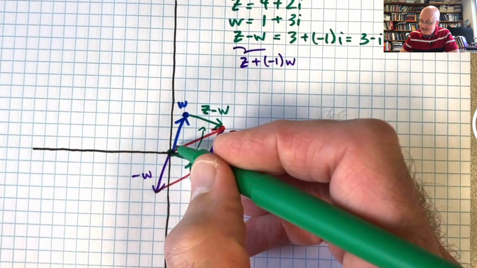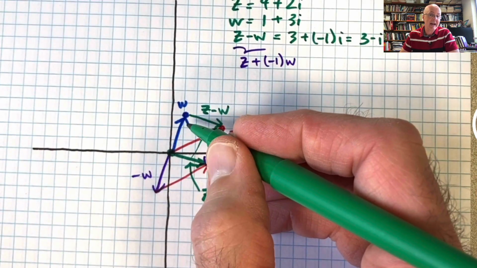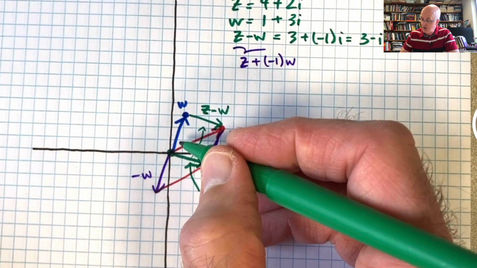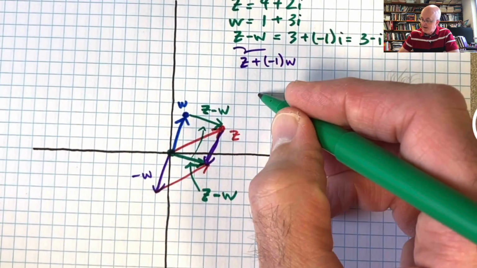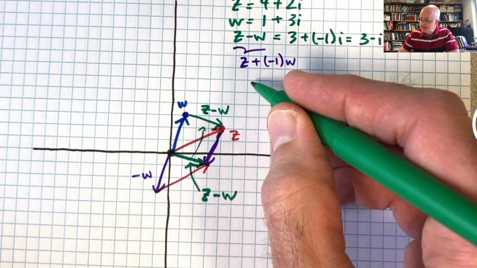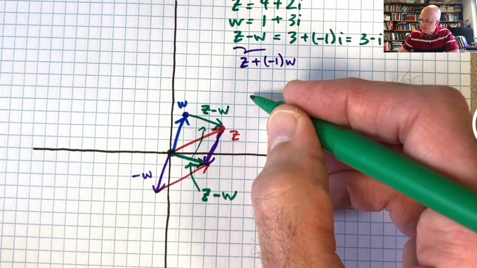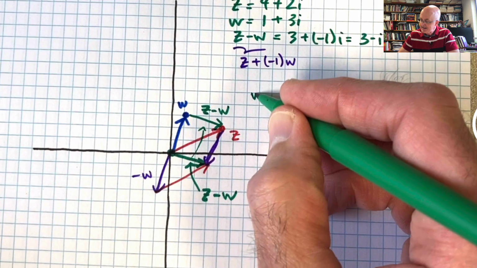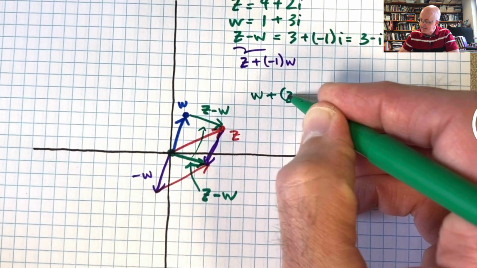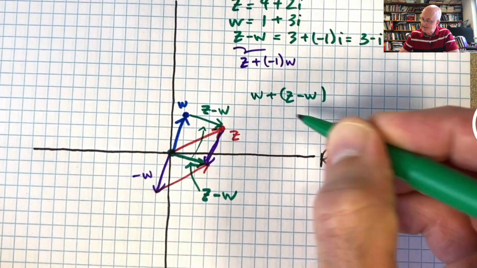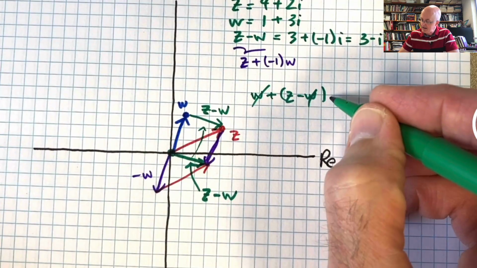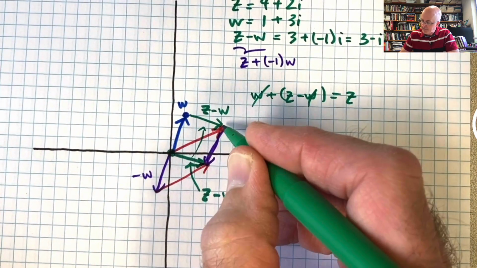Algebraically speaking, it's illustrating, in terms of the head-to-tail definition of vector addition, why we define z minus w as z plus -1 times w. Because when we add w and z minus w, it should make sense that the w should cancel, leaving us with z, and that's what we've got.